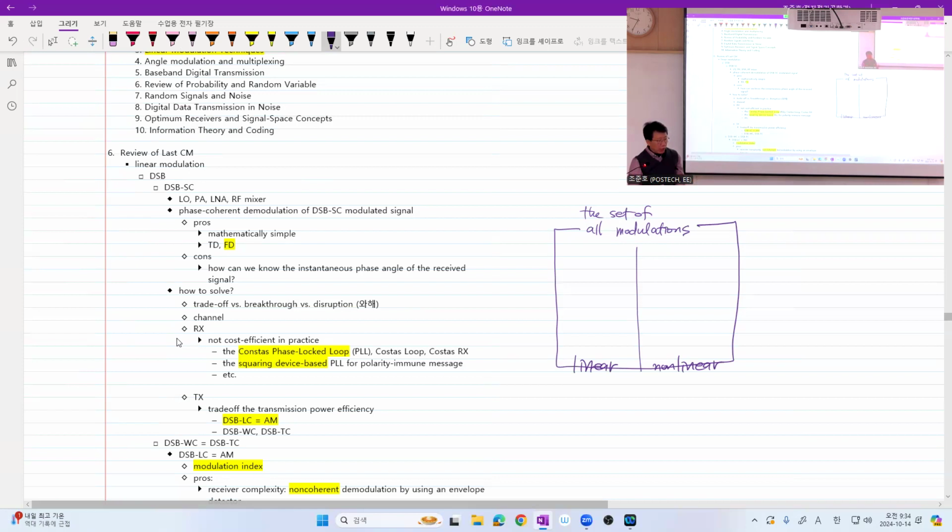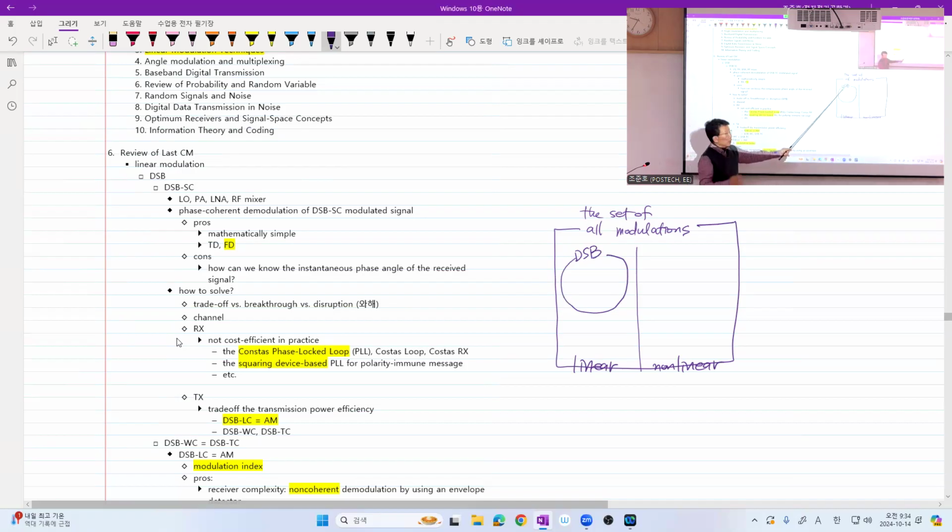But anyway, the convention is that the double sideband with the transmitted carrier is also classified as linear. So here goes a set of DSB modulation schemes. Got it? So we have focused on this one.